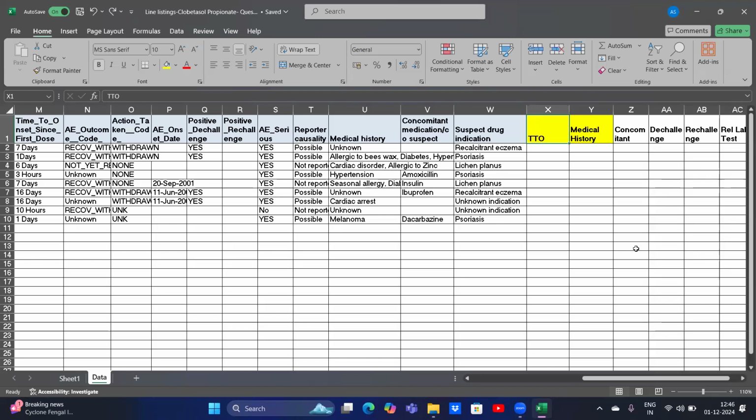You can exclude the case, saying that this fatal case was not related to the event which we are talking about, like hypersensitivity. Suppose the fatal outcome happened due to QT prolongation, and it is mentioned in the narrative, not due to hypersensitivity. You can exclude that case and say the reason in the report: this case was excluded as the fatal outcome was associated with QT prolongation. So you have to always keep the inclusion and exclusion criteria in mind. You have to present only the relevant cases in the sections.